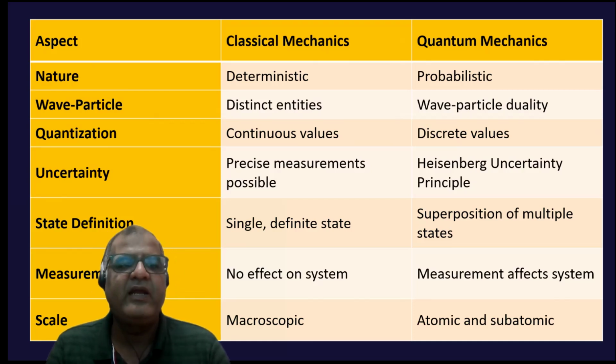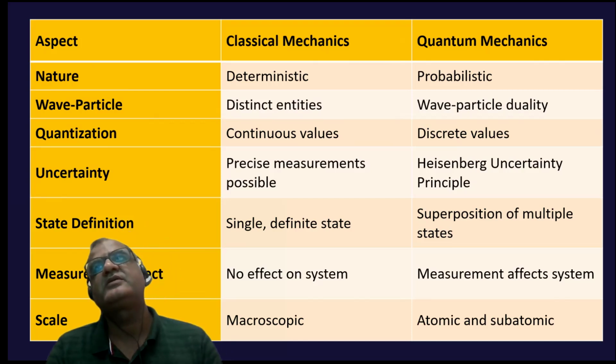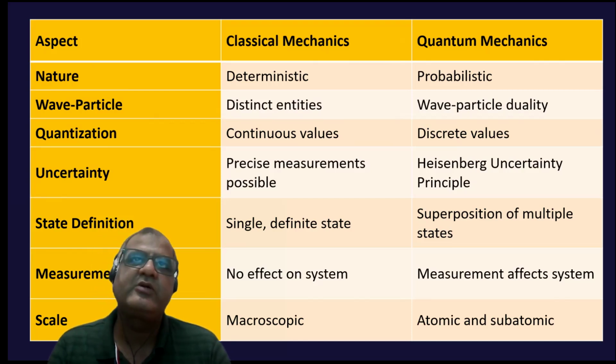A quantum particle can behave like a wave as well as a particle, depending on the experimental conditions, while in classical mechanics, waves and particles are two distinct entities. Quantization generally appears only in quantum mechanics, where physical properties have discrete values. Then the uncertainty principle, and superposition. Superposition is the main concept associated with quantum mechanics.